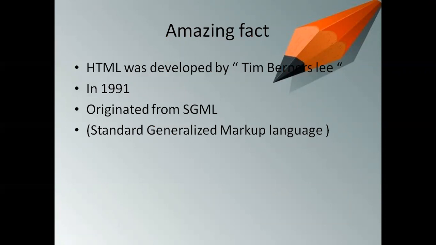So HTML is a new version of SGML. SGML full form is Standard Generalized Markup Language. This was previously created, later on some updating and study, it was developed as the HTML program. So this is an amazing fact. Keep it in mind. Definitely you will like it.